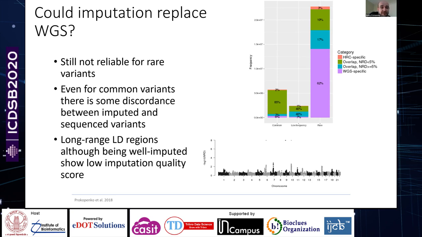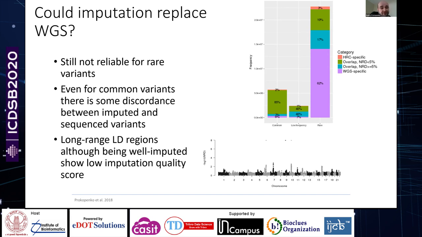So even with large cohorts, and this was based on HRC matched ancestry, you cannot detect all the rare variation. Also, if you see in green and blue, even for common variants there is a small proportion of discordance between imputed and sequenced variants, which means that some of the imputed variants do not match their actual real sequenced variants.